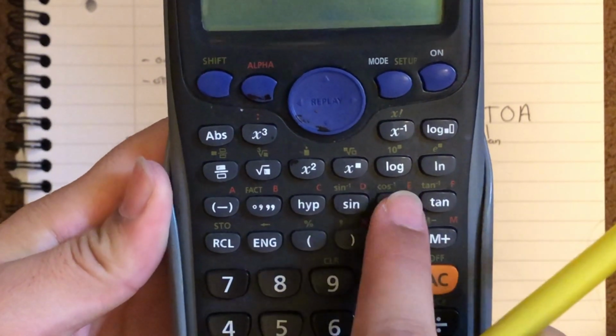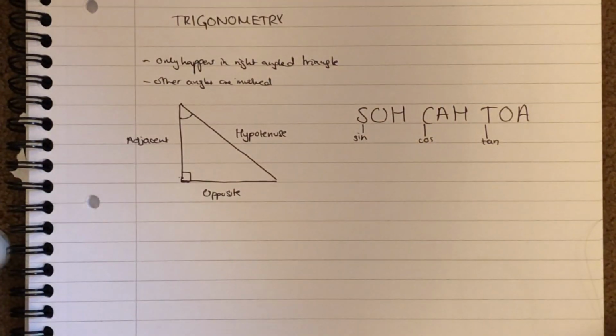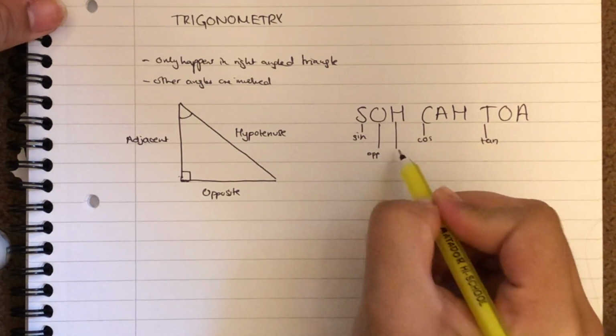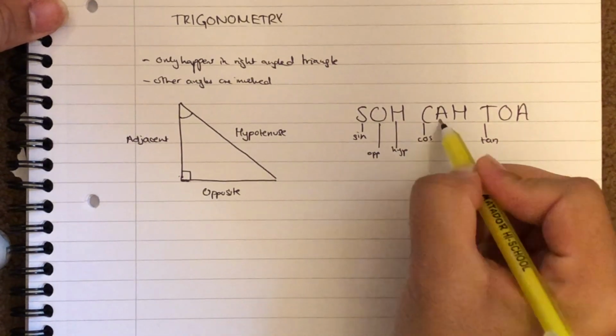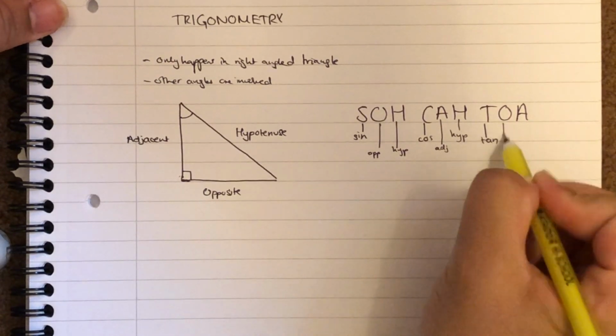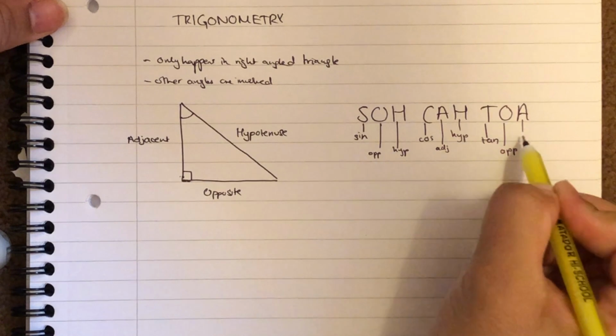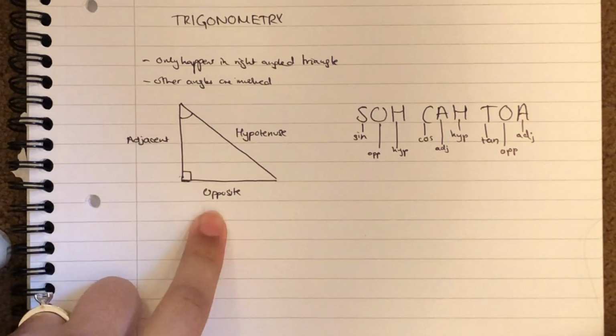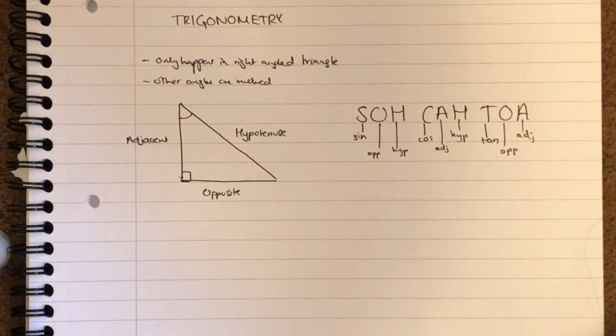Okay, O stands for opposite, H stands for hypotenuse, A stands for adjacent. So this is what all these letters stand for.